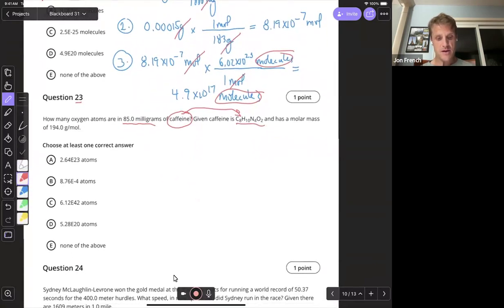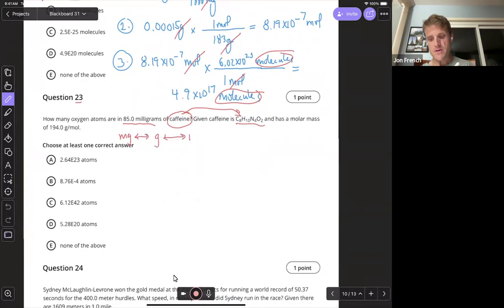The same process. I want to go from milligrams to grams. Once I'm in grams, I can go to moles, then to molecules. And once I'm in molecules, I can use the formula to say how many oxygen atoms we have. So yeah, that's correct, Paris.